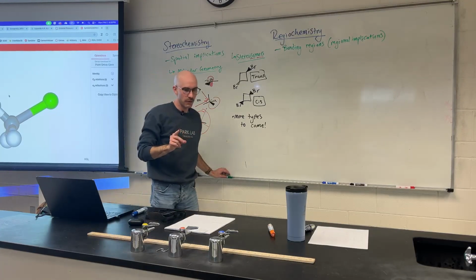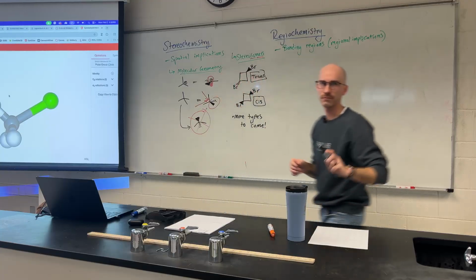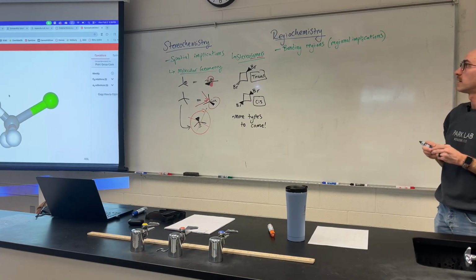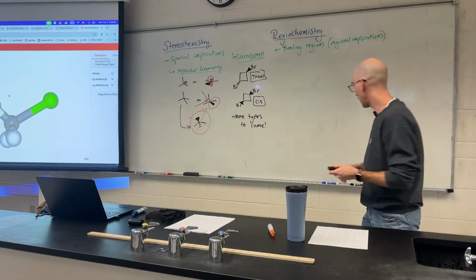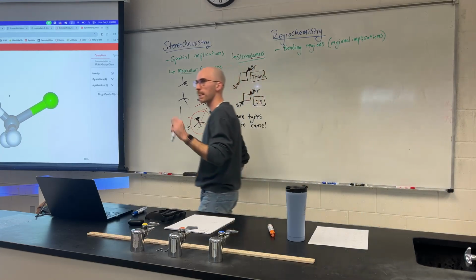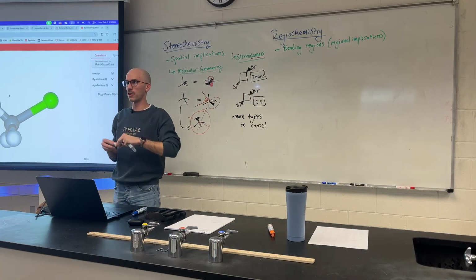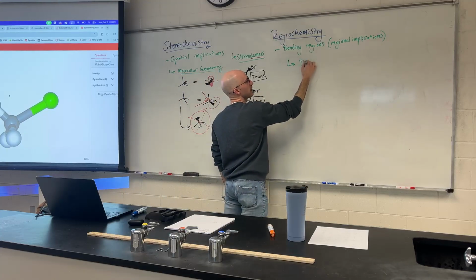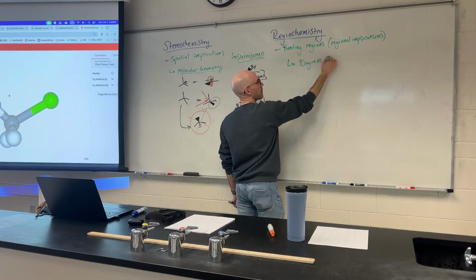The first one that I want to talk about, because functional groups was a great answer for that, Layla, is a little bit simpler in regiochemistry, and it comes down to degrees of substitution.